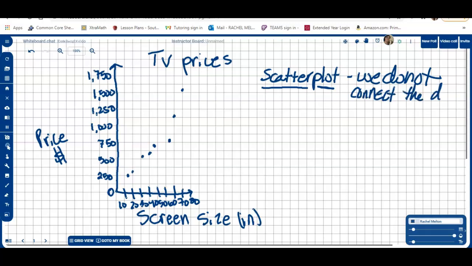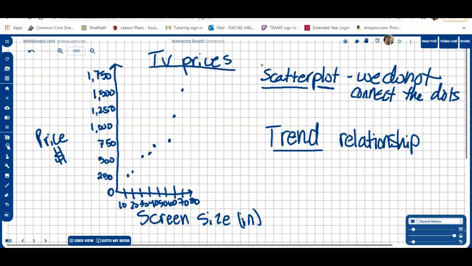What we're doing with a scatter plot is we're looking to see what the trend is. Remember, the trend is the relationship between the two pieces of information that we have. So for instance, we're talking about TV prices. That's our title here.